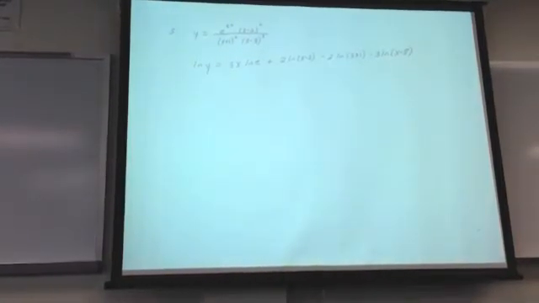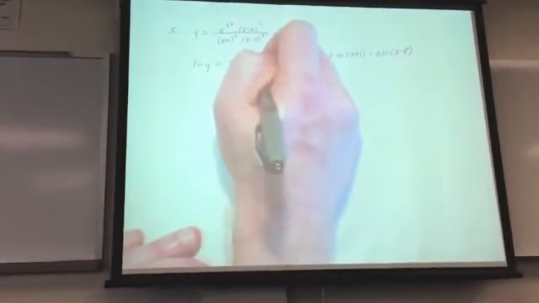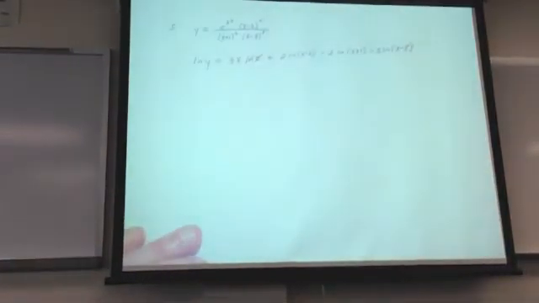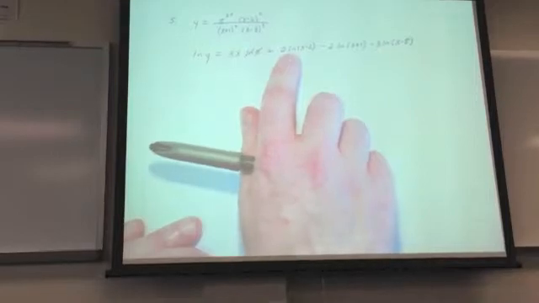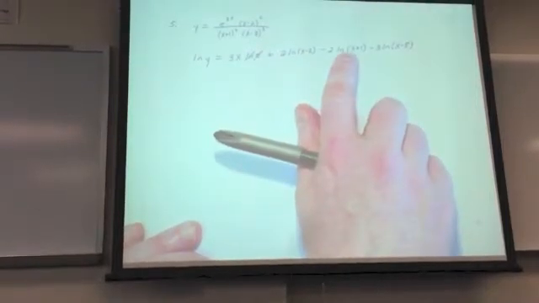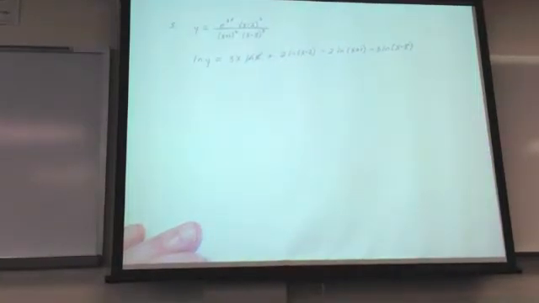So now, this natural log of e, I remember natural log of e eliminates, so those are gone. And I have just the natural log of y is 3x plus 2 natural log of x minus 2, all the way across. This is easy to solve now.